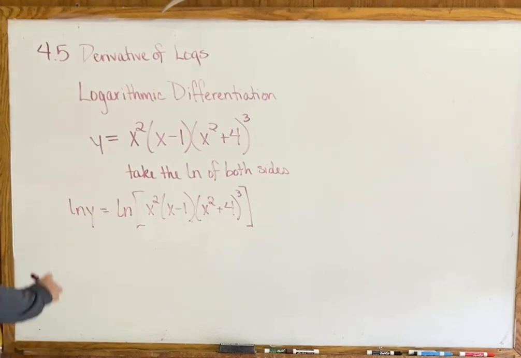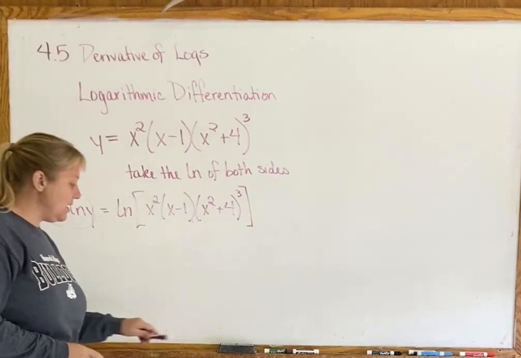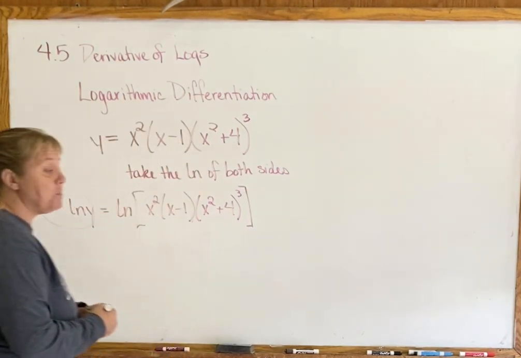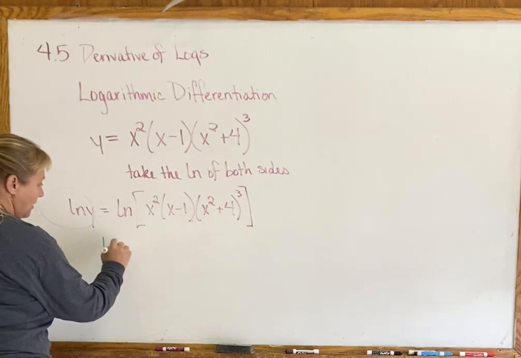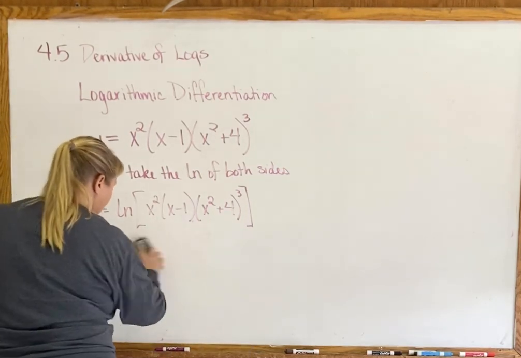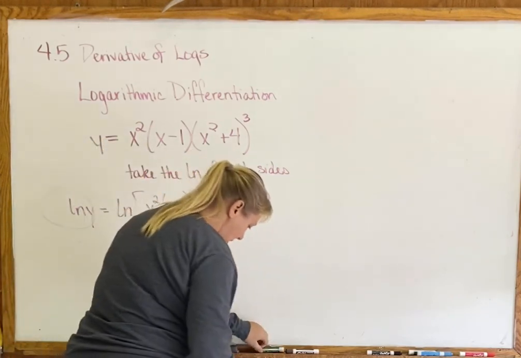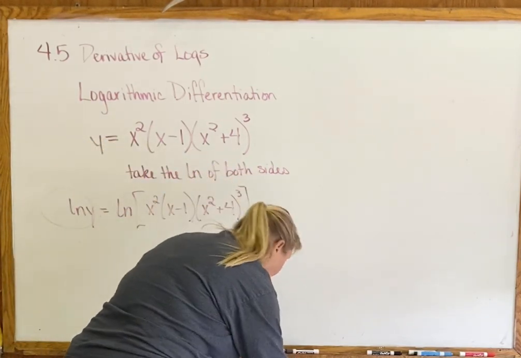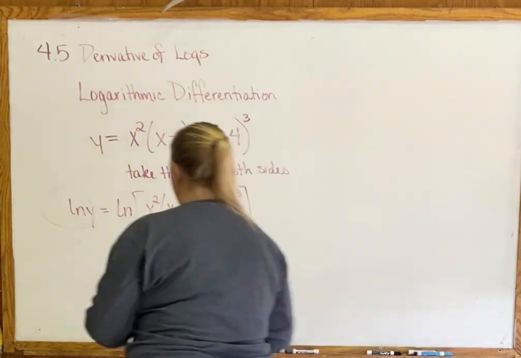Now, the only problem is this ln y out here. So we need to have some way to deal with this. This is where we're going to use implicit differentiation. I've got to find my purple pen is starting to run out, so let me find another pen here. Let's go with the red.